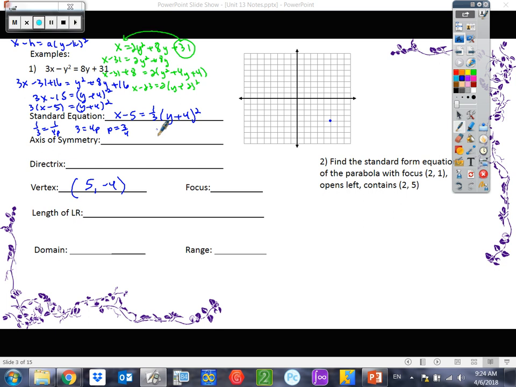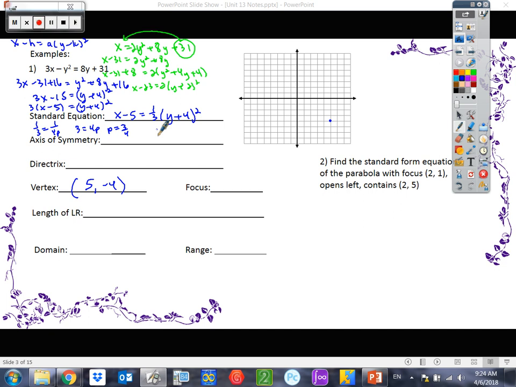Now it is significant that it's positive. I'm going to be talking about the sign of p, because I think we kind of overlook that, and it really is significant. We think, oh, that's just a distance, we don't care if it's positive or negative. Really, whether it's positive or negative indicates the opening of the parabola. If p is positive, it's going to open to the right or up.